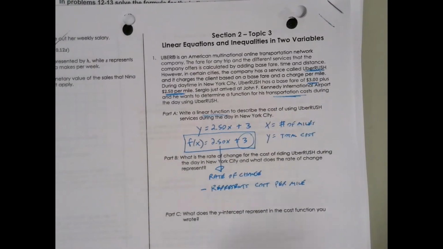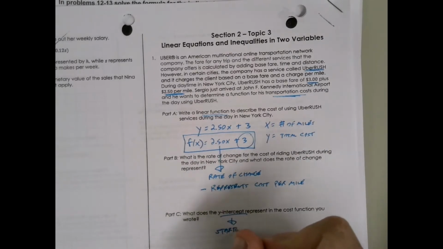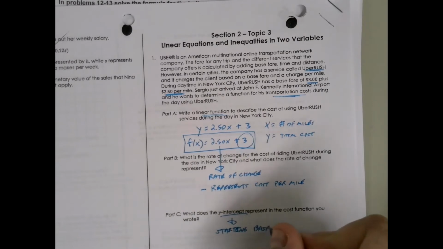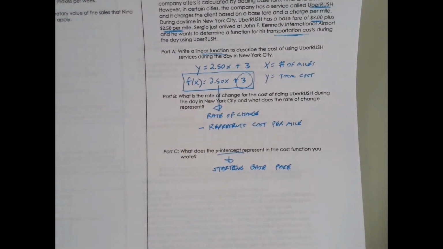So we're going to jot down that the y-intercept represents our starting base fare. Sorry about my writing, but as long as we're seeing it, that's fine. So from this business scenario, we got a function and we understand what the numbers mean in it.